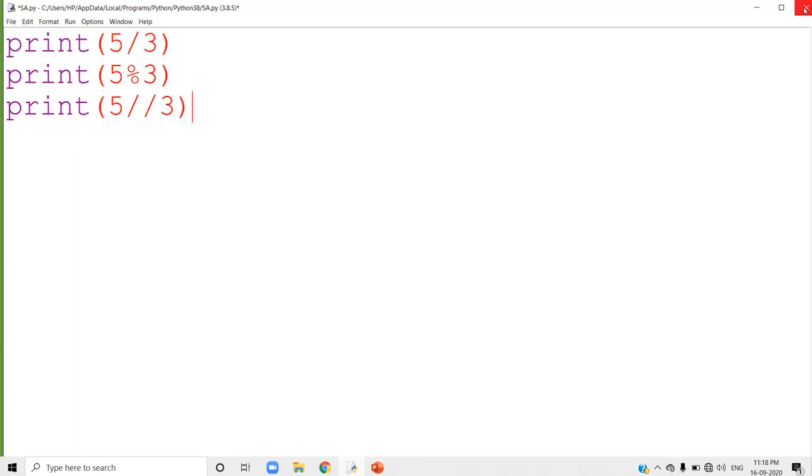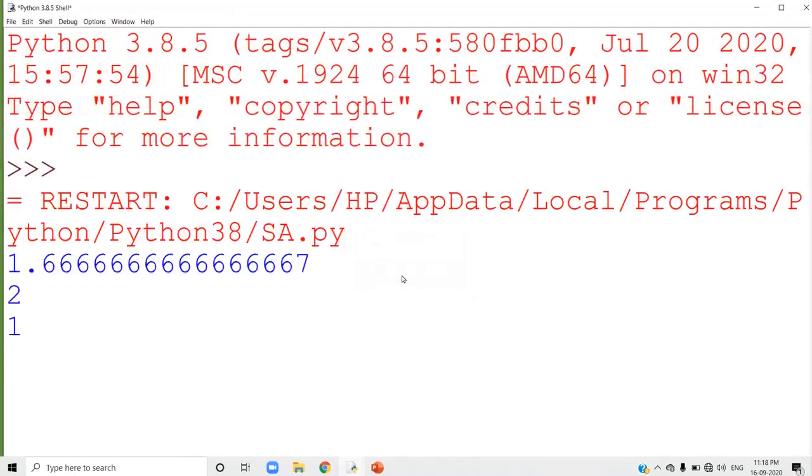From that, only the whole number part. 5 divided by 3, how many times? Only one time, and the remainder is 2. So the quotient will be 1. It will not take the fractional part. That is why it is known as integer division. Now when I run this program, you can see 1 is coming.